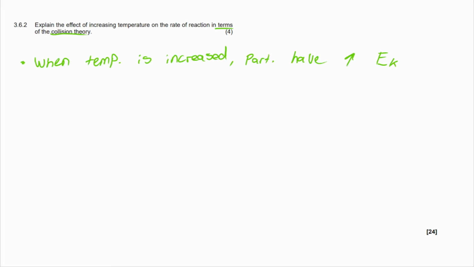This means that more particles, this is now a second bullet point, more particles will have kinetic energy greater than or equal to the minimum energy required for effective collisions. I'm leaving out a lot of words here, but more particles will have sufficient kinetic energy, greater than or equal to the minimum energy required for effective collisions.